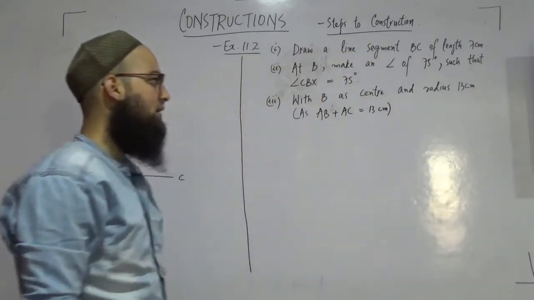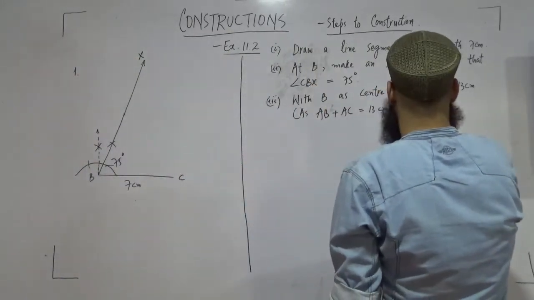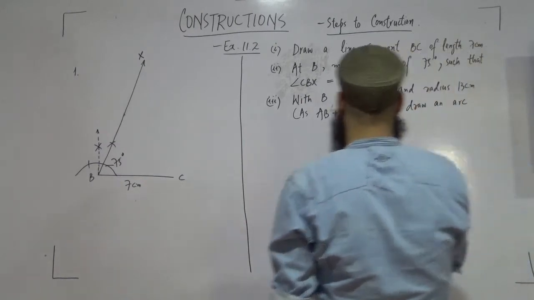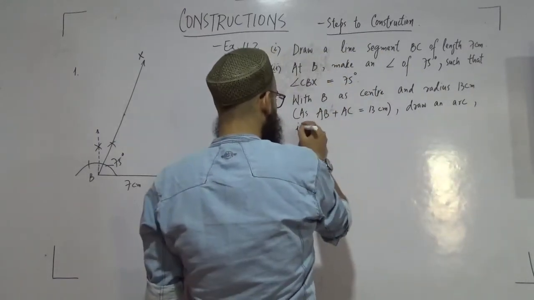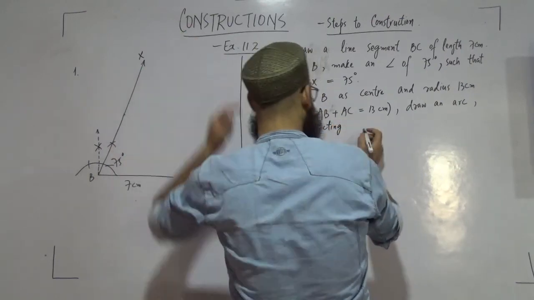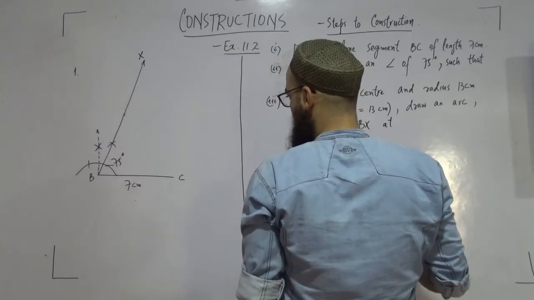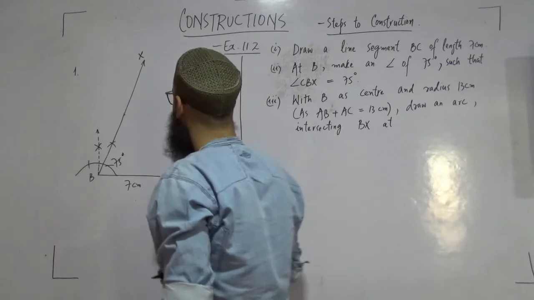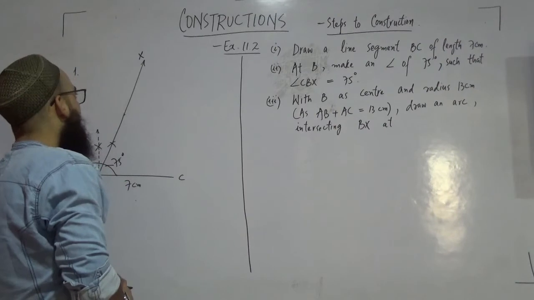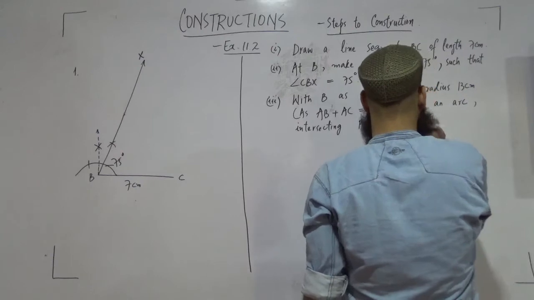With B as center and radius 13 centimeters, draw an arc intersecting BX at some point Y.